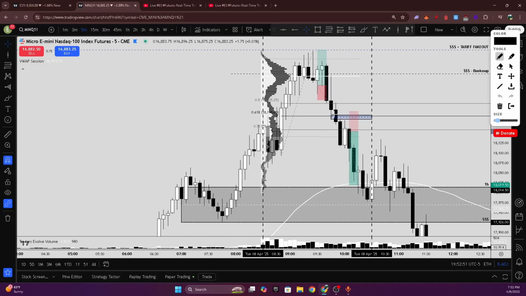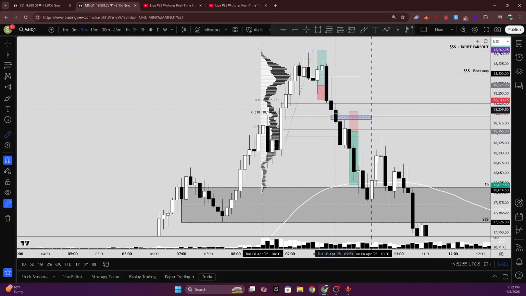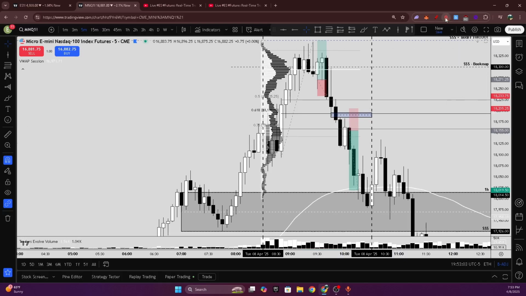But then we saw this small fair value gap form. It seems small, but on a typical day, those types of fair value gaps are more than normal. It's a 50 tick fair value gap, which is not bad at all. We saw that 50 tick fair value gap form. We saw the next candle retrace to give an attempt to fill this fair value gap.